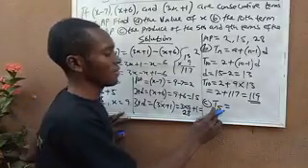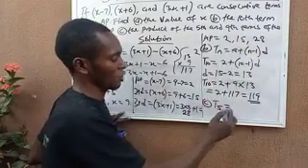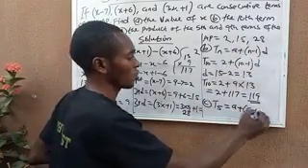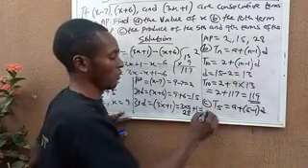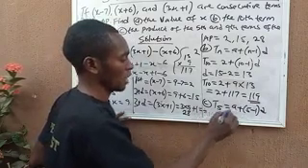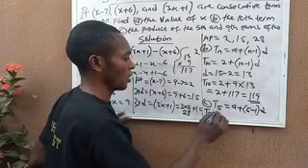So for the 5th term, either I use this formula or the easy way. It would be A plus 5 minus 1, multiplied by the common difference D.